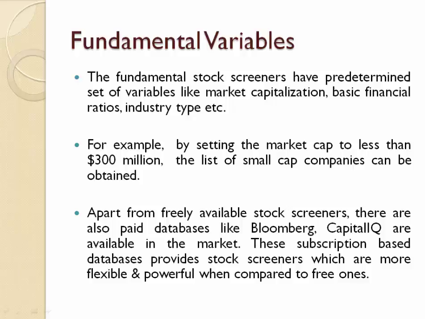The investor will key in a market cap of, for example, less than $300 million, so that he will get the list of all listed small cap companies in a particular stock exchange.